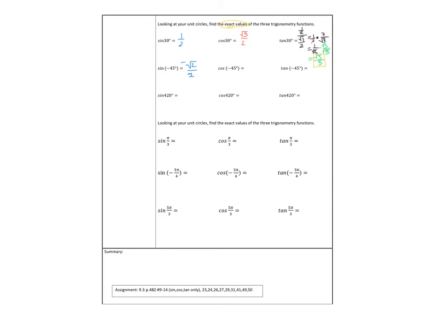Cosine, same angle, so we're going to look at the x-coordinate, which would be positive root 2 over 2. The tangent, we're going to take our sine, and we're going to divide it by our cosine. They are the exact same fraction, but one is negative. So if you divide something by itself, you're going to get a negative 1 in this case, because one's negative.